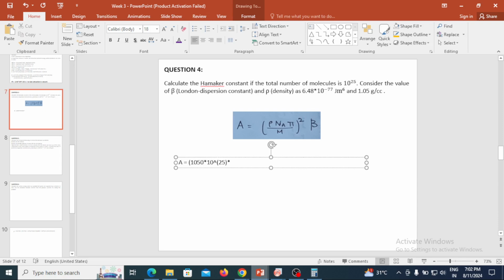So it will be 1050, or you can write it as 1.05 into 1000. So please again be careful with the units. This is one way where you can make mistakes, and then the value you are going to get will be significantly different.